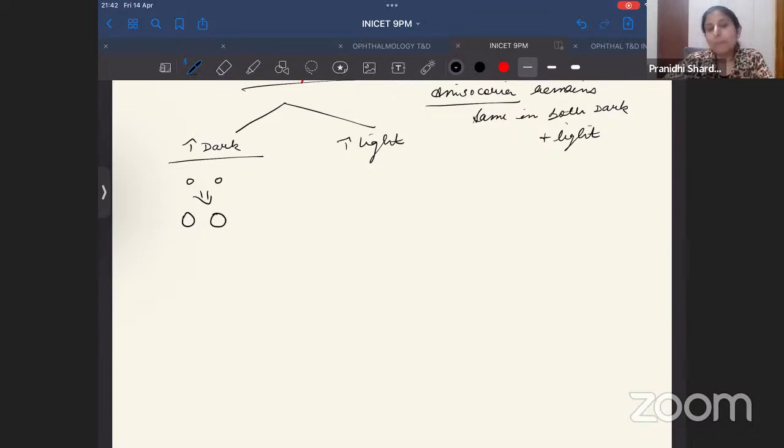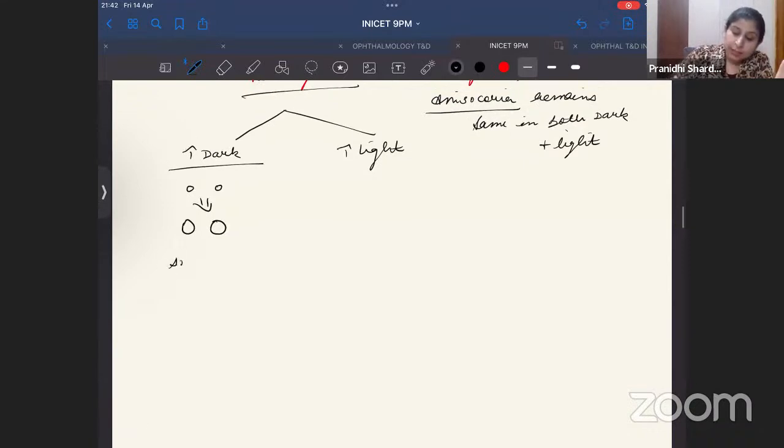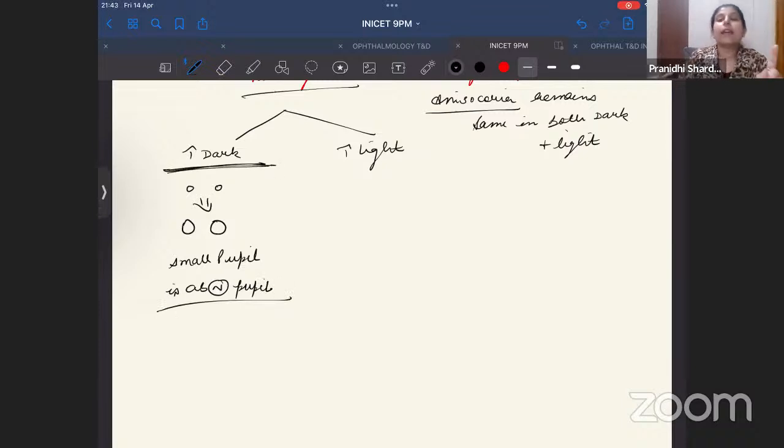Anisocoria means one of the pupils is not able to dilate, so the small pupil is the abnormal pupil.